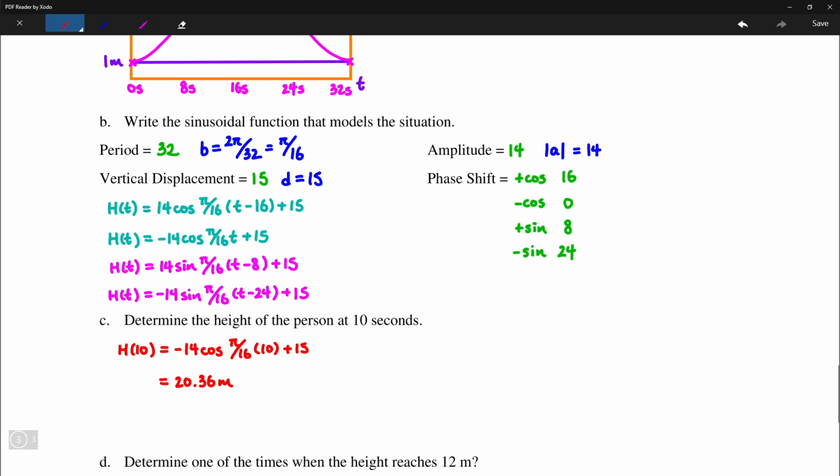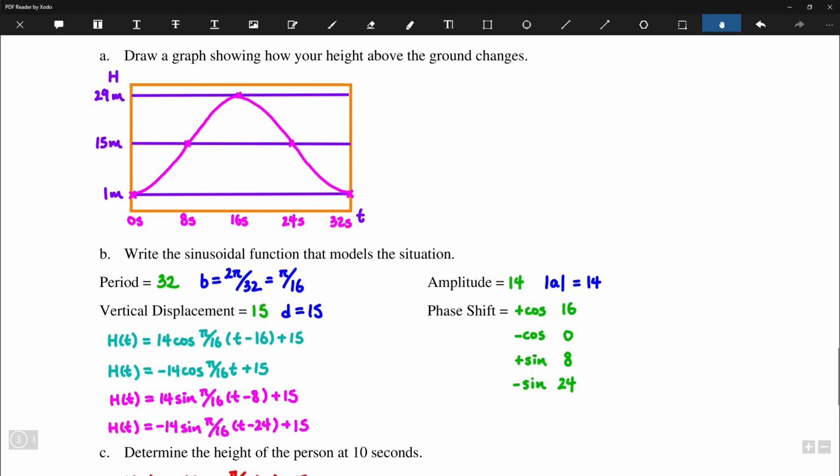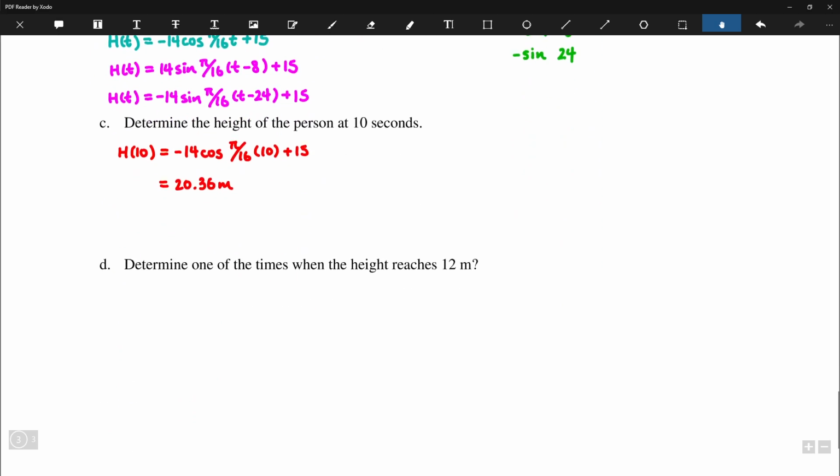So if we are to go and look at our original graph, that time it makes sense because it's somewhere around here. So we expect the person to have achieved a height that's more than 15 but less than 29. So 20 seems to be a reasonable answer. Okay, part D. Determine one of the times when the height reaches 12 meters.